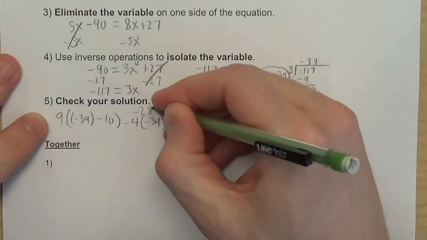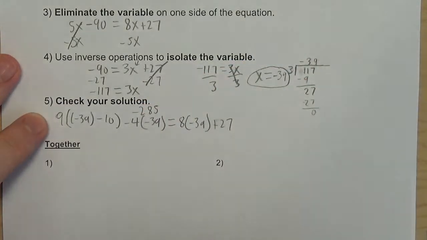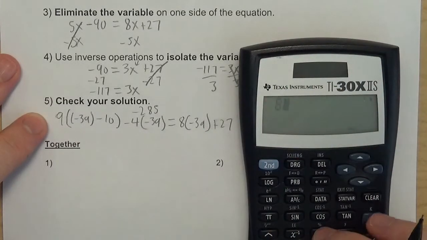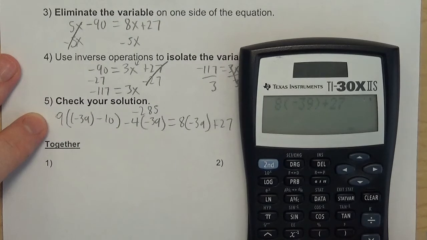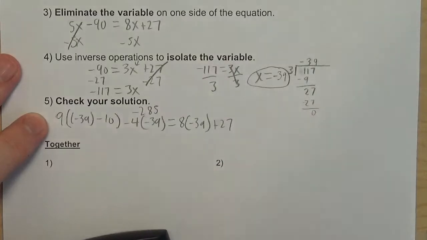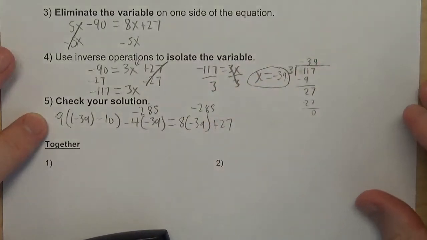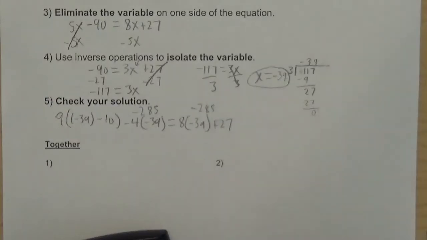So write that above there, so don't forget that. Then I do the same thing on this side: 8, parenthesis, negative 39, parenthesis, plus 27. I got negative 285 for that side as well. So as long as the two sides come out equal, I know that what I came up with when I solved my equation is correct.